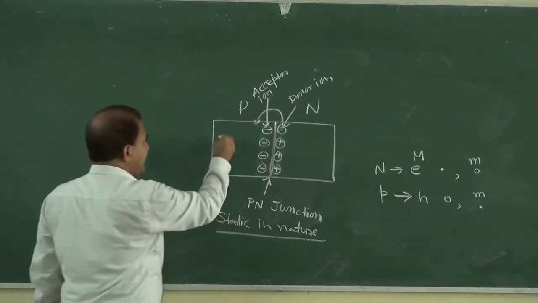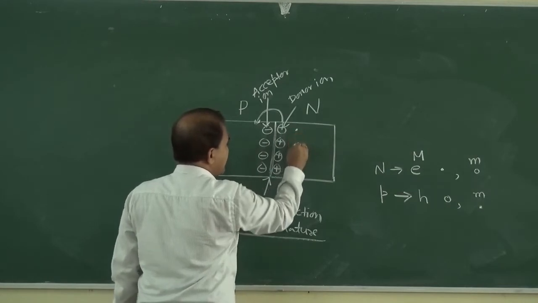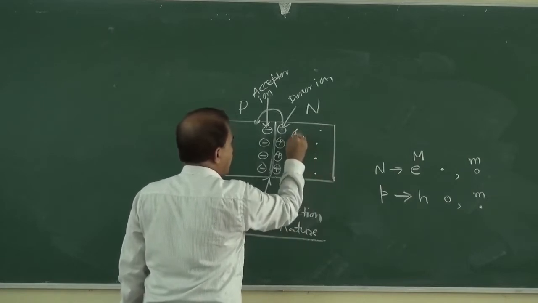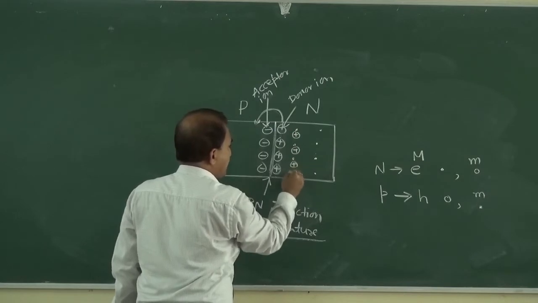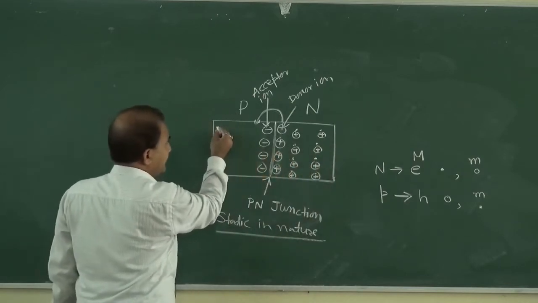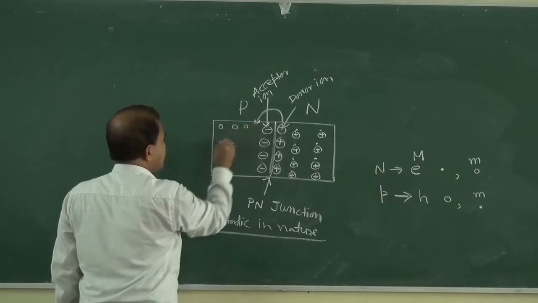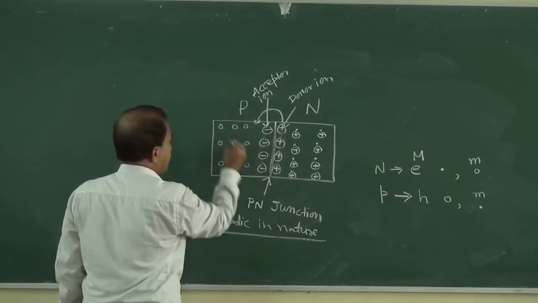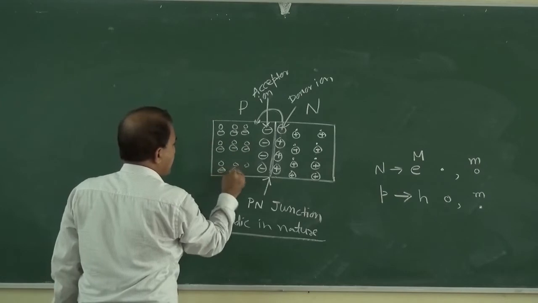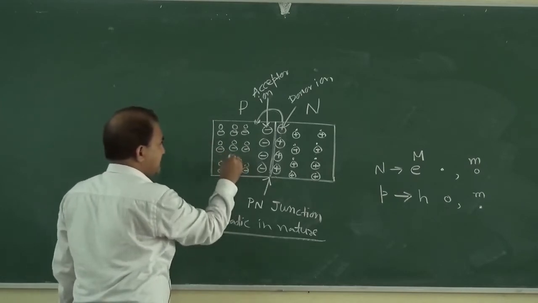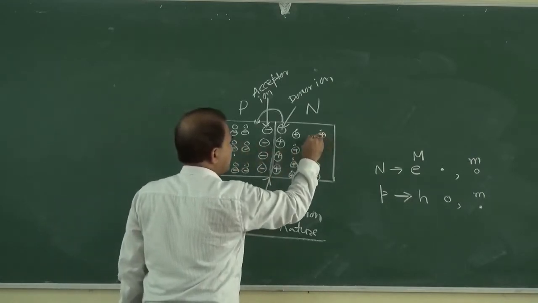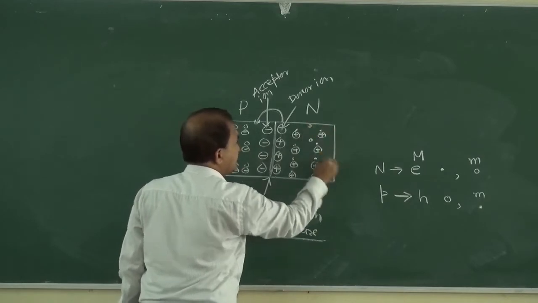Here you can see these are electrons, and here holes. The majority carriers here are electrons, and here the majority carriers are holes.